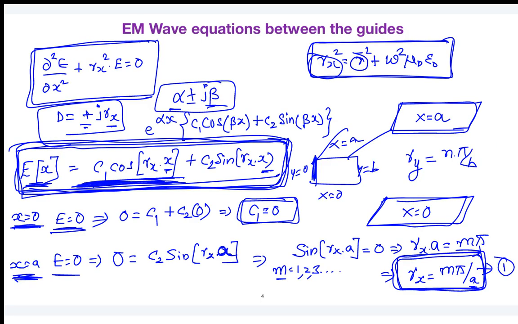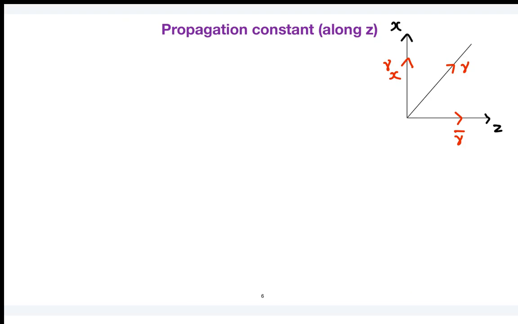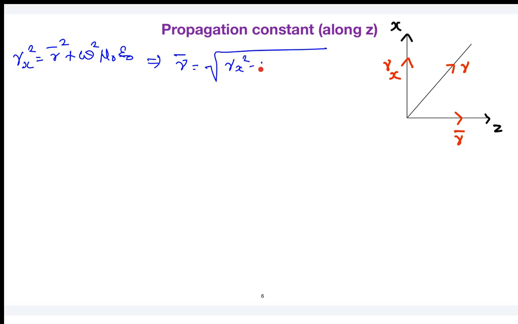Gamma x square is equal to gamma bar square plus omega square mu naught epsilon, which means gamma bar is equal to root over gamma x square minus omega square mu naught epsilon naught.